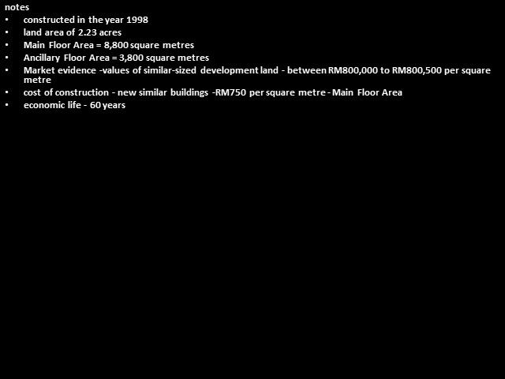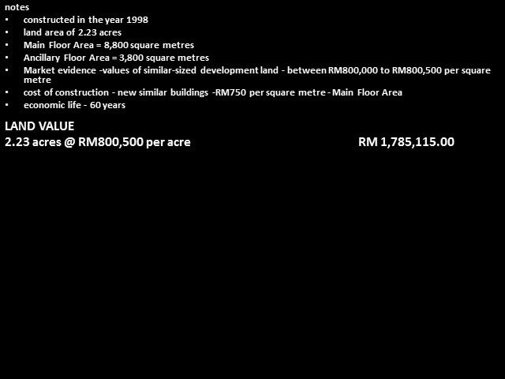So recap, the cost method formula is land value plus building value. Let's settle land value first. What is the area of land? 2.23 acres, times 800,500 per acre. Why do I choose 800,500 per acre? This one you need to make an assumption.